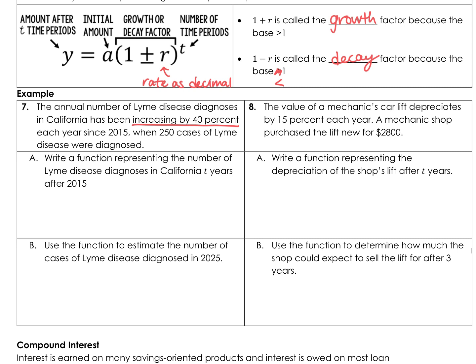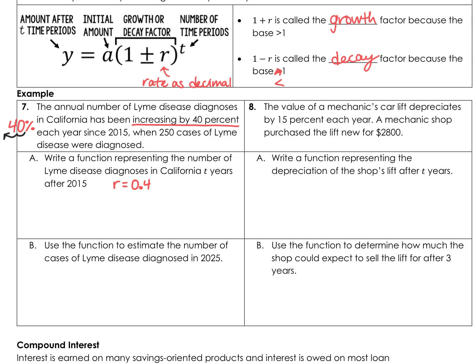The rate is 40%, but I don't want 40%. I want it as a decimal. So if I have 40%, I have to move the decimal 2 to the left, or divide by 100, so that actually gives me a rate of 0.4.